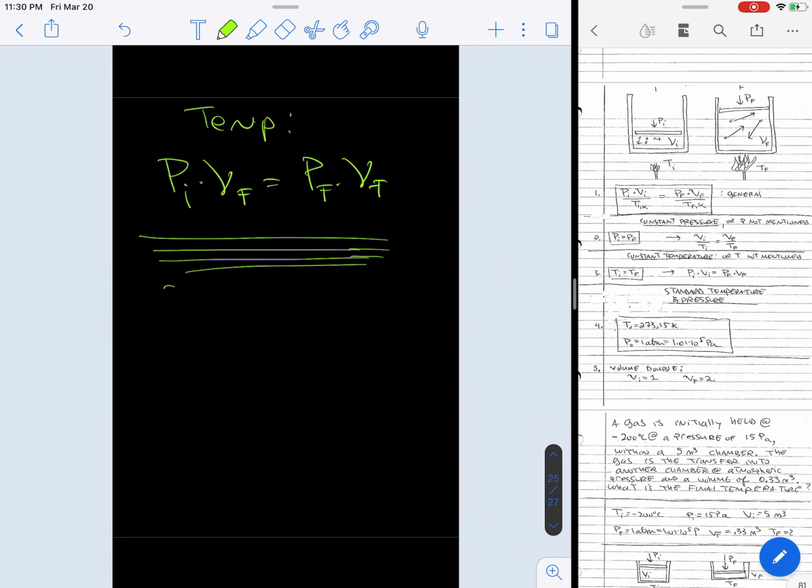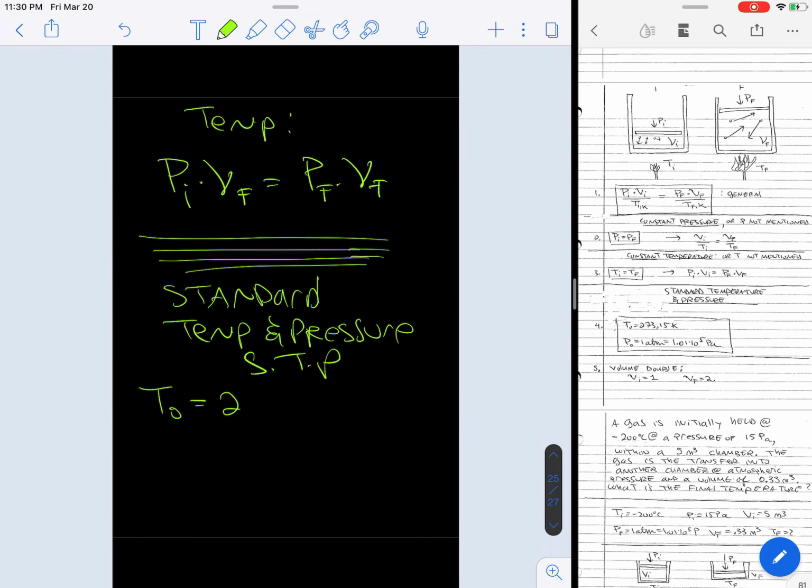If they mention standard temperature and pressure, or STP, that means that the temperature is 273.15 kelvins, and the pressure is 1 atmosphere, or 1.01 times 10 to the 5 pascals.